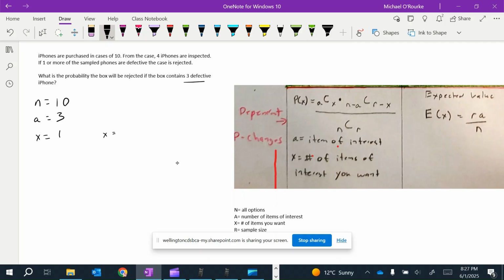I also want 2, because we also get 3. That's all the possible ones we can get, right? Because we could select 4 iPhones out and get 1 that's defective, 2 that are defective, or 3 that are defective. And those would all result in the box being rejected. And then our sample size is 4.